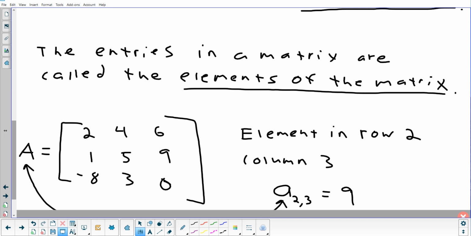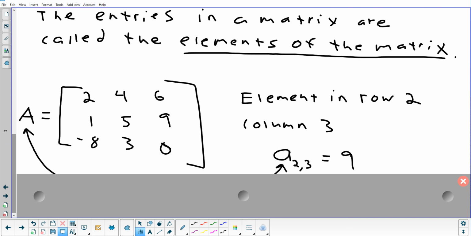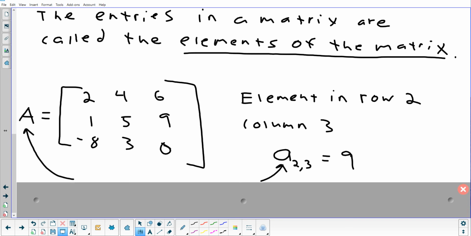Our book uses the notation for capital letters to describe a matrix. So this is called matrix A. And if you want to describe a particular element in the matrix, this is the notation. You use a lowercase letter corresponding to the name, and then you put a subscript, row, comma, column.